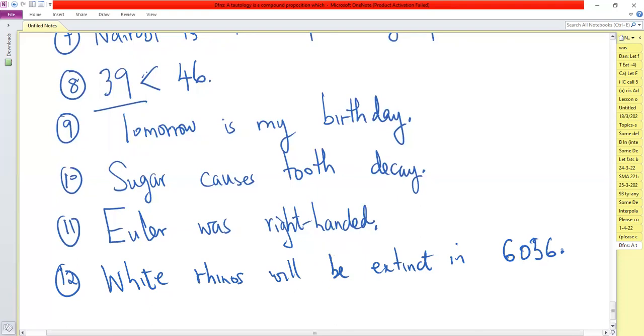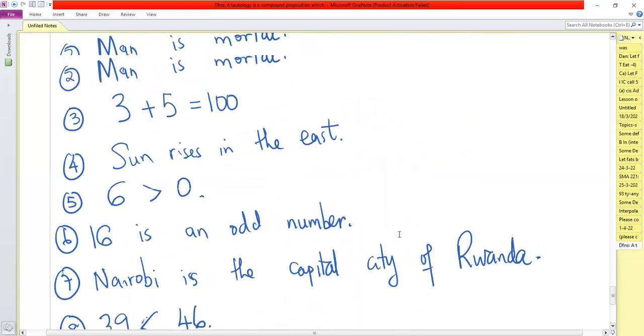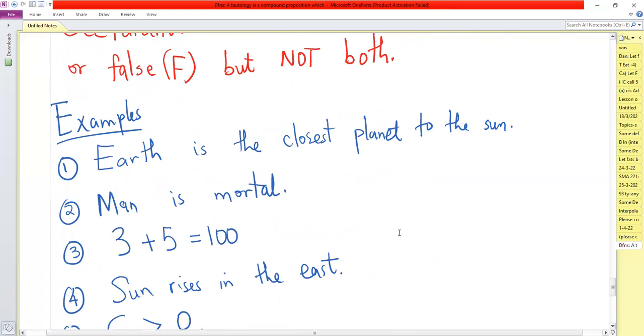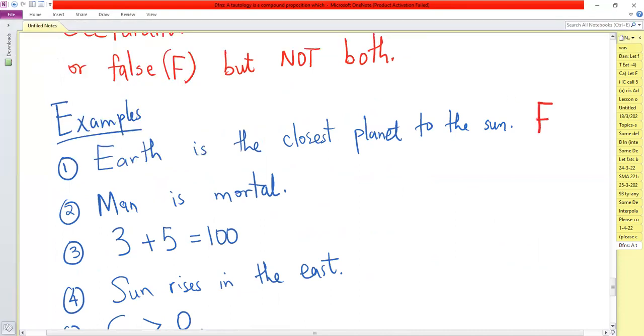Of these examples, there are statements whose truth values we can always know. When you say Earth is the closest planet to the sun, we know that this is false. From science, we know that the closest planet to the sun is Mercury. Man is mortal can also be classified. 3 plus 5 is obviously not equal to 100, so this is also a false statement.